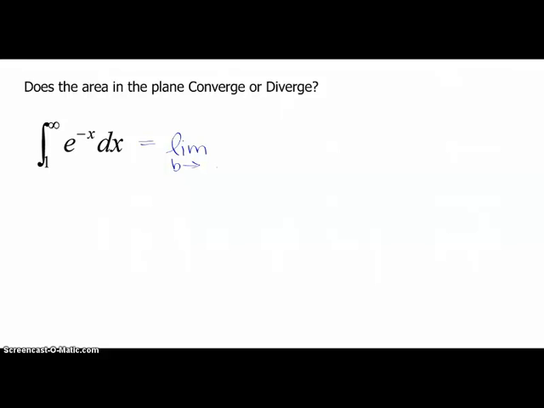And we're going to have to do that inside of a limit. It's the only way we're going to be able to talk about the area that's trapped in an unbounded interval. So I introduce the limit. I'm going to put my integral inside of a limit, and we're going to see what's going to happen to this area as the upper limit tends toward infinity.